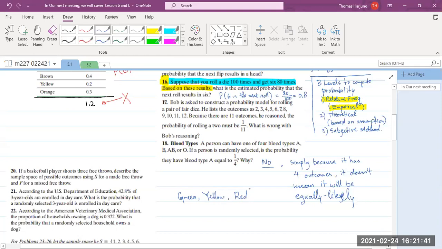There are three outcomes, but the probability of you getting a yellow at the traffic light is not necessarily 1/3. Most of the time it's red. Do you know that? In fact, as far as I know, more than half of the time it's actually red, especially at a very busy intersection.